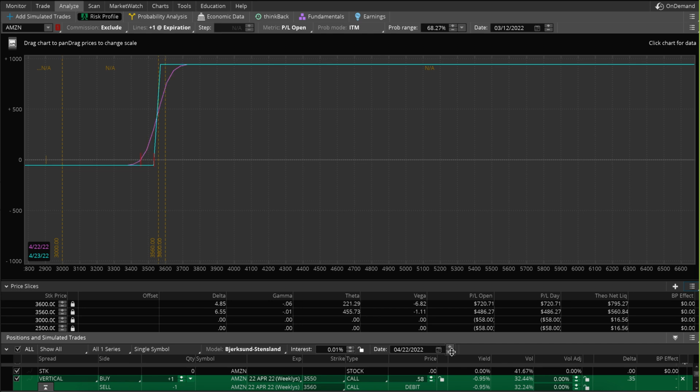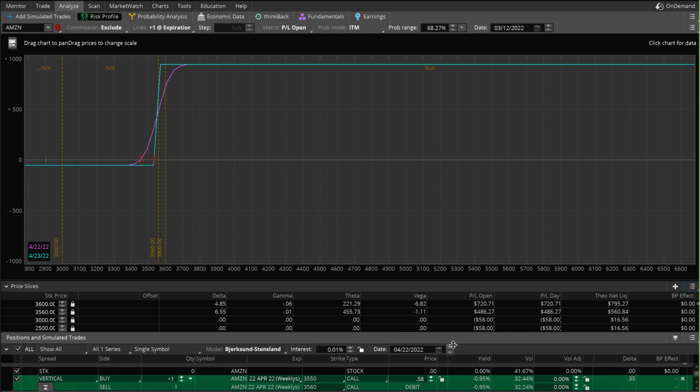So we can do both, right? So let's say on the 22nd of April, let's say Amazon is trading for $3,600, right? Well, you'll see that our profit would be $720, right? Of course, that would be if it was at this price at the beginning of the day on the 22nd.